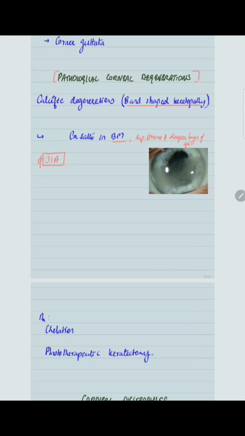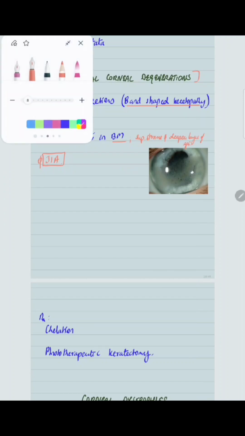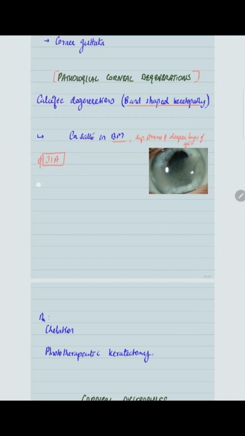Now other causes include ocular causes of band-shaped keratopathy.